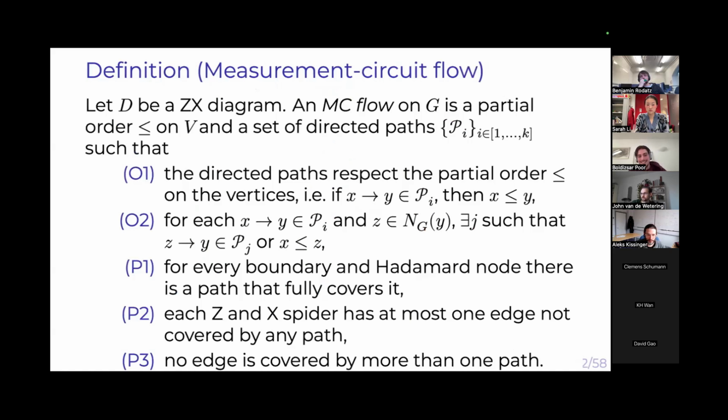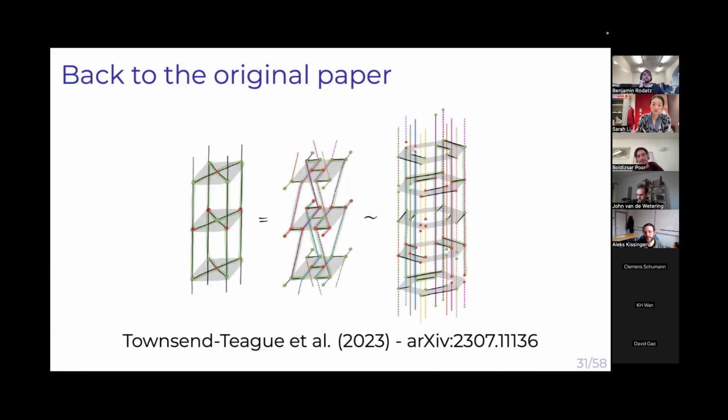And then to do this, well, we define a new notion of flow. So I'm just going to go back so you don't have to look at this ugly definition for a bit. Flow is something that people have used to kind of reason in measurement-based quantum computing about the way information propagates through your diagram. And it has also been shown to be useful for circuit extraction.